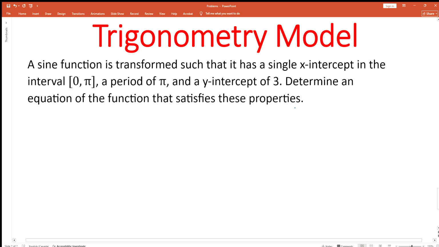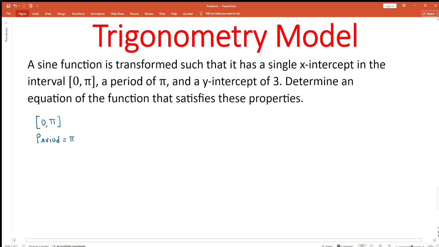Let's start by analyzing the given information. We are given that this function has just one x-intercept in the closed interval 0 to pi. The period of this model is pi. That means the length of one full cycle is equal to pi.